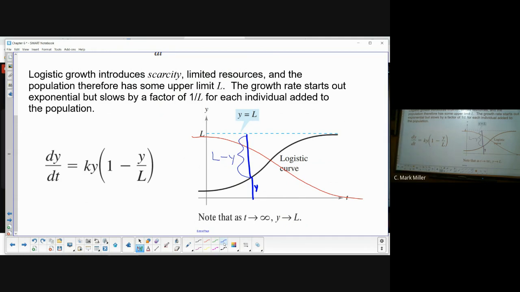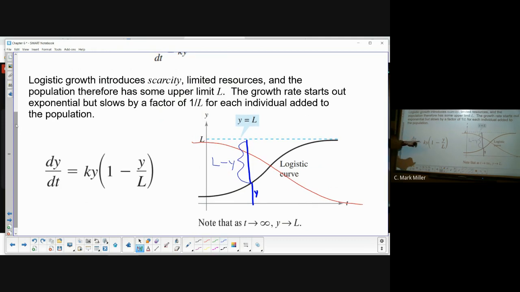Now, hang tight a second. Every new individual is going to lower the growth rate by the same amount.